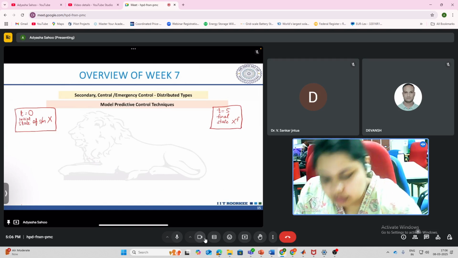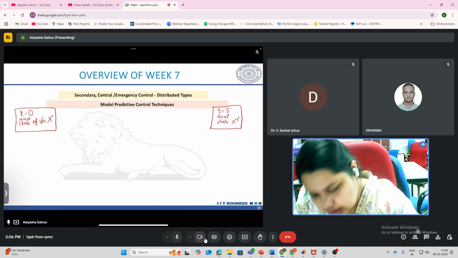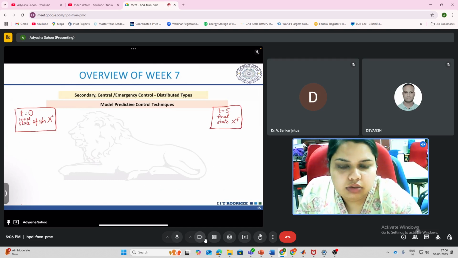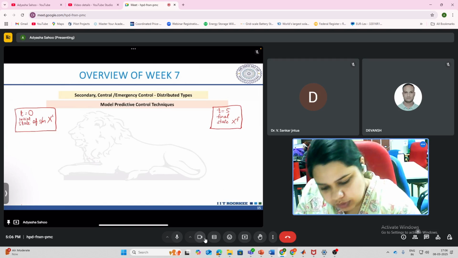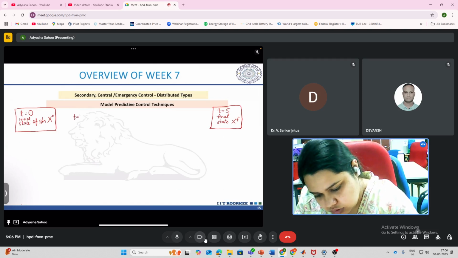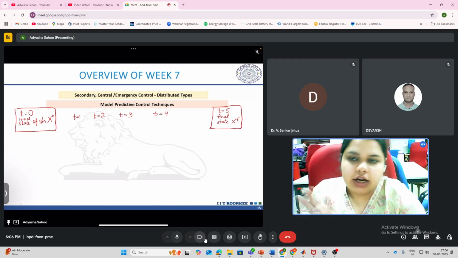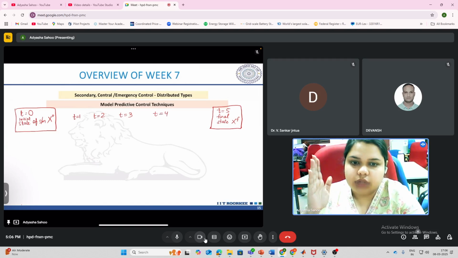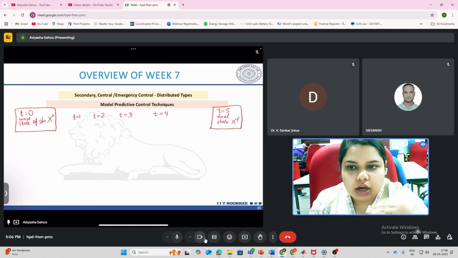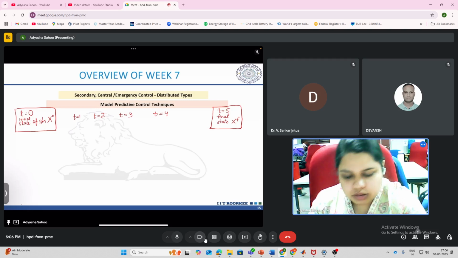Then to reach from this x naught to xf, the action you need to take is represented by u. So at t equal to 1, t equal to 2, t equal to 3, t equal to 4, you divide the time interval from the initial to the final into certain blocks, like T1, 1 to 2, 2 to 3, 3 to 4, and you are taking the control actions in steps.